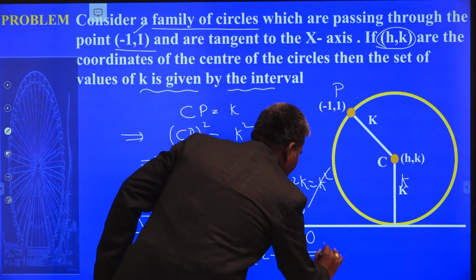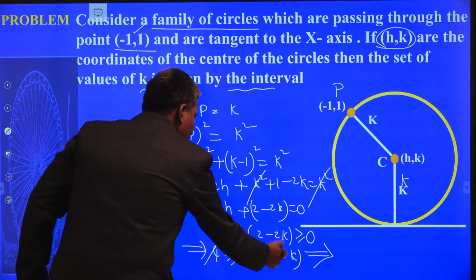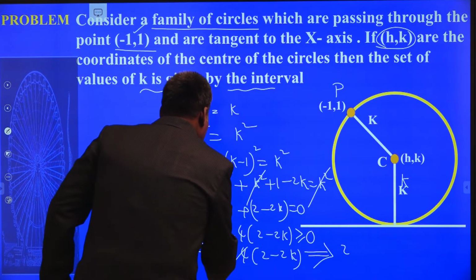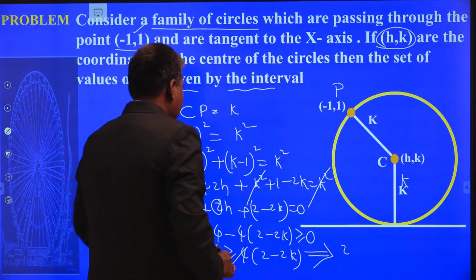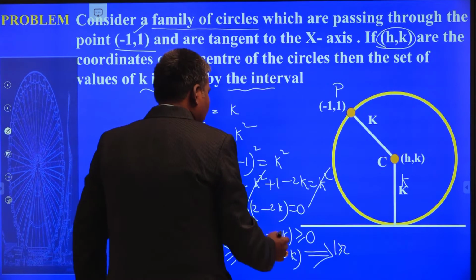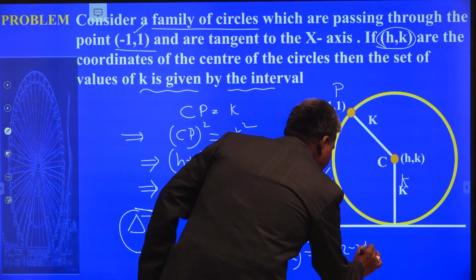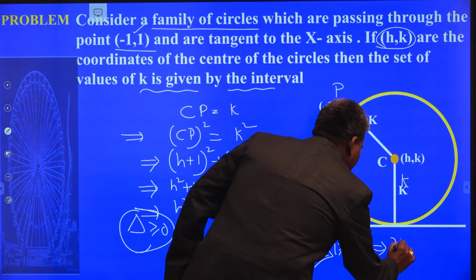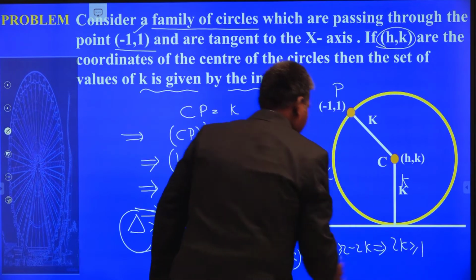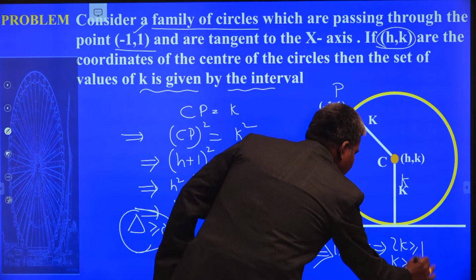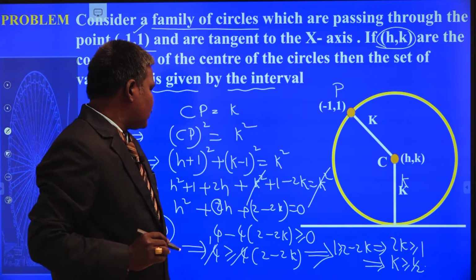What happened? 1 is greater than or equal to 2 minus 2k. This implies 2k is greater than or equal to 1, which implies k is greater than or equal to 1 by 2.